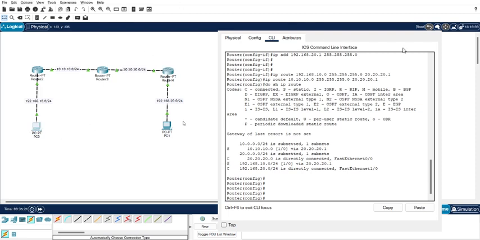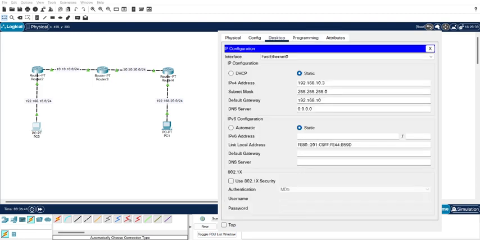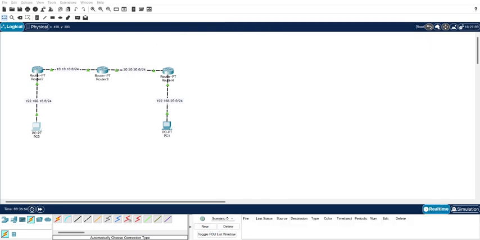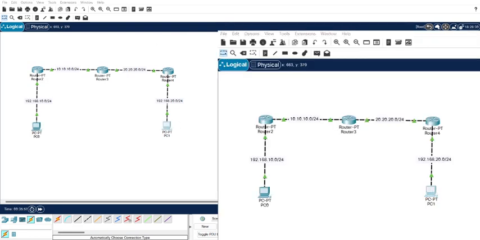To do it, let's add the IP address. For adding the IP address, 10.2, 10.2, default gateway is this. We have to add this. So we do it again.